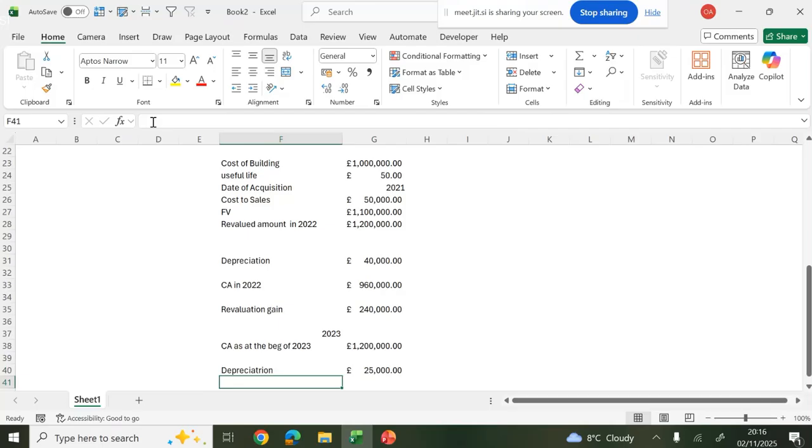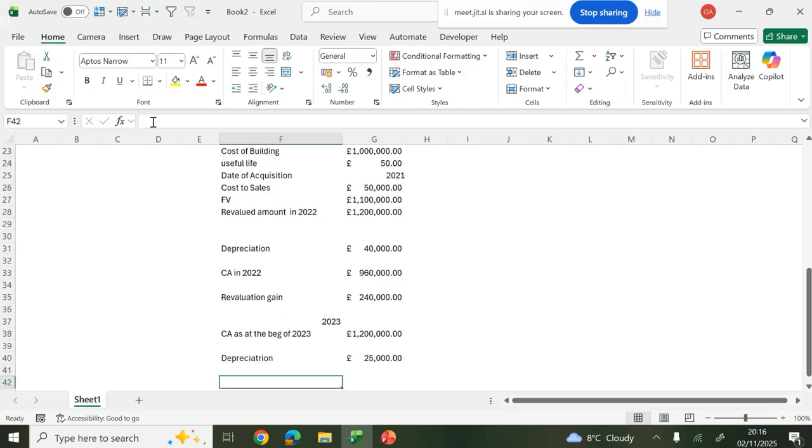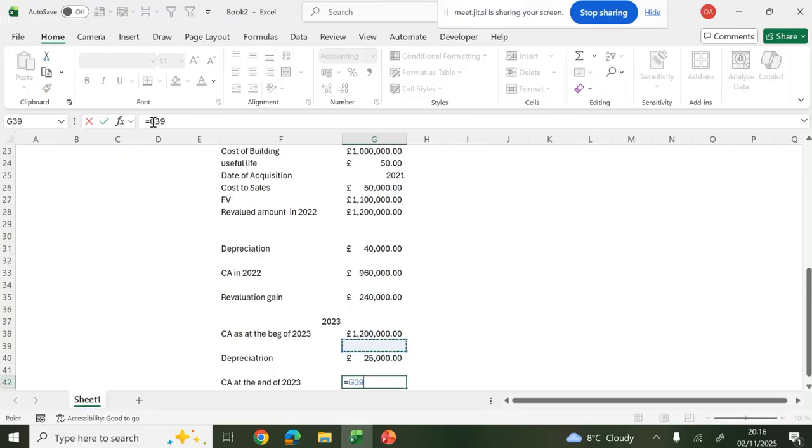Okay, it was revalued to 1.2 million, so that became the base. So these are the depreciation for 2023. Does that make sense? So CA at the end of 2023 is going to be this minus our depreciation for the third year.